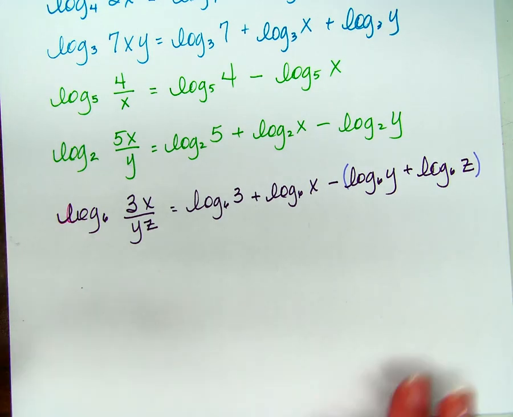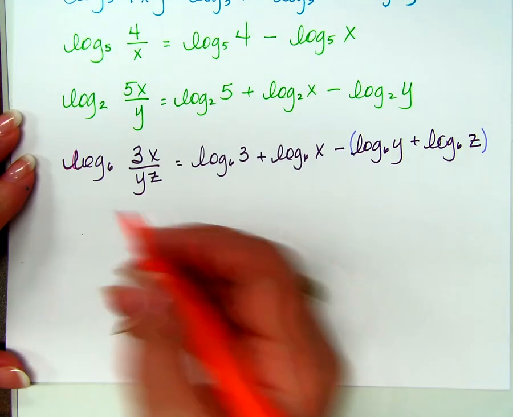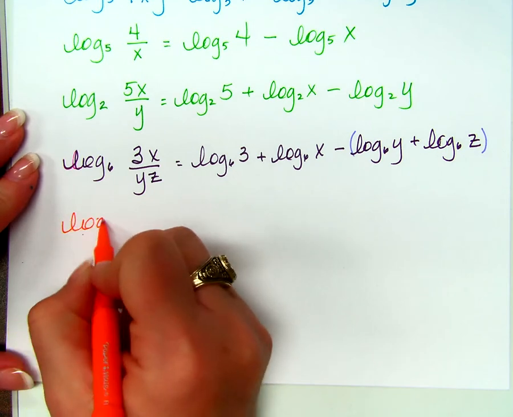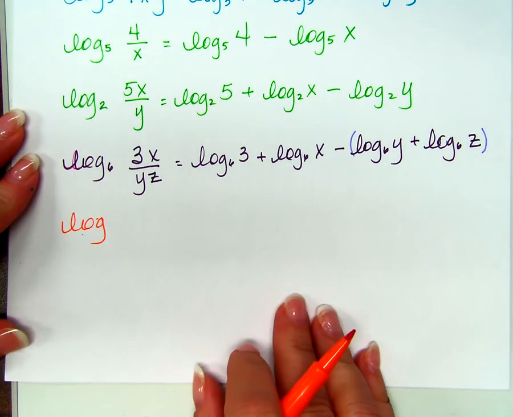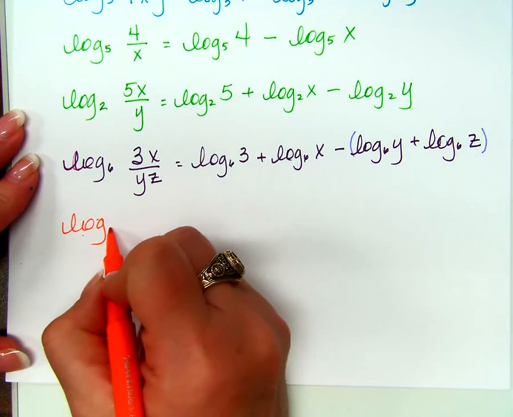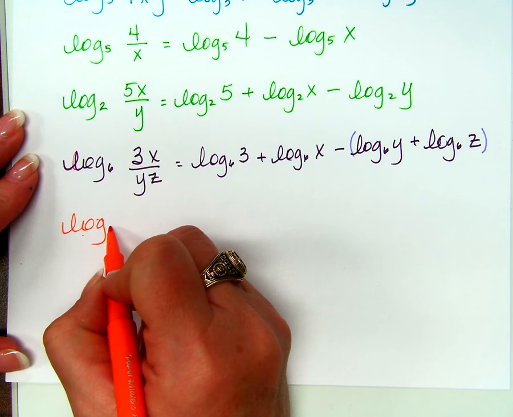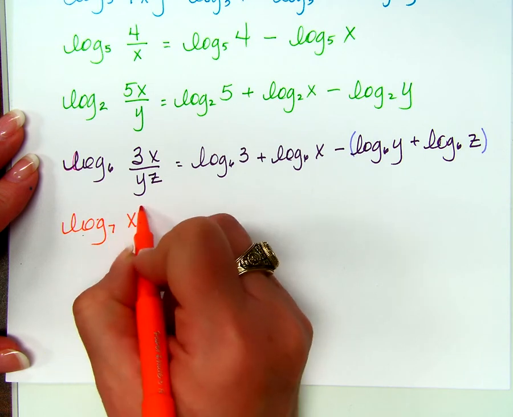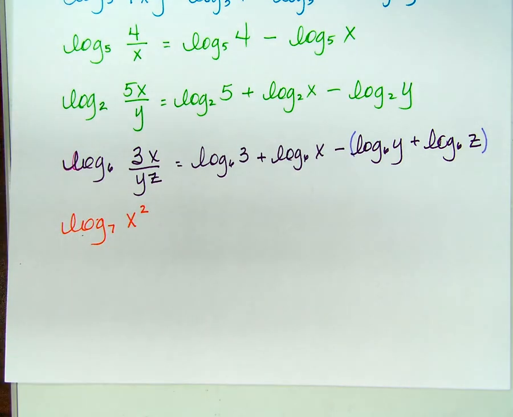So now let's do something new. Okay? Log, and I'll make it an easy new one. How about that? Log base 7 of x squared. Now, does that look like I can do anything to it?